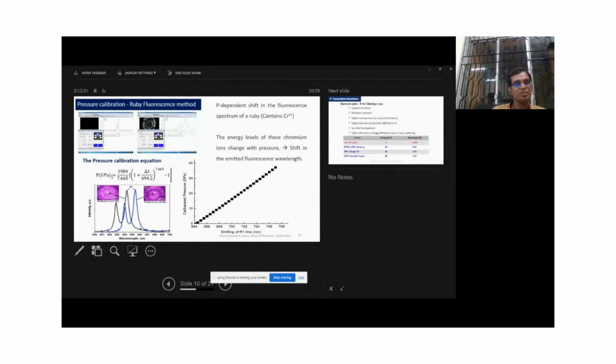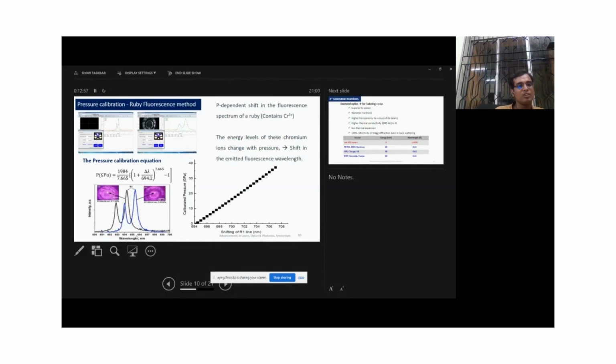For pressure calibration, we use the pressure-dependent shift in the fluorescence spectra of the ruby. The energy levels of the chromium ions change with pressure, and that shift changes the emitted fluorescence wavelength. So there is a pressure calibration equation. By knowing the position of the R1 line or R2 line, we can calibrate the pressure, so we can understand the pressure nearby.